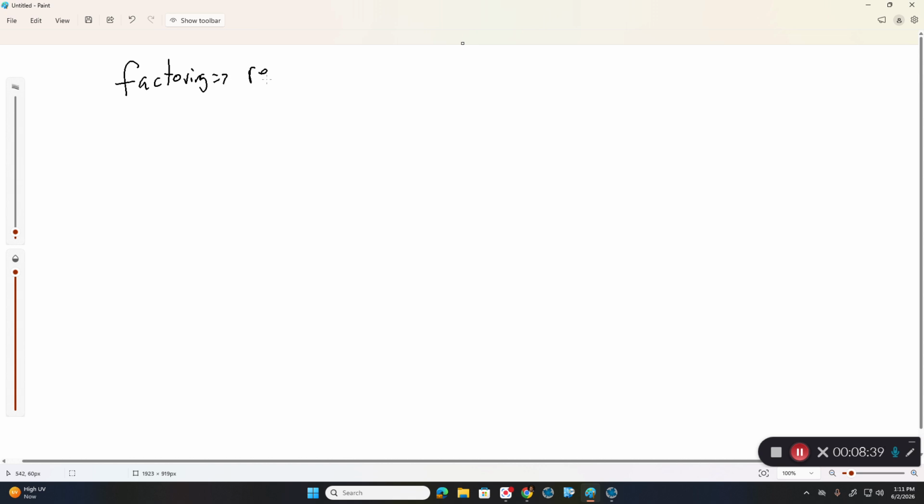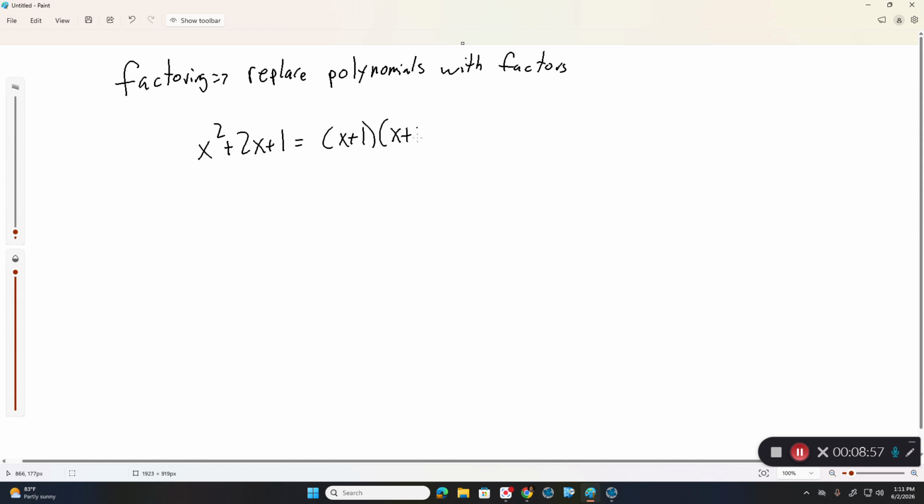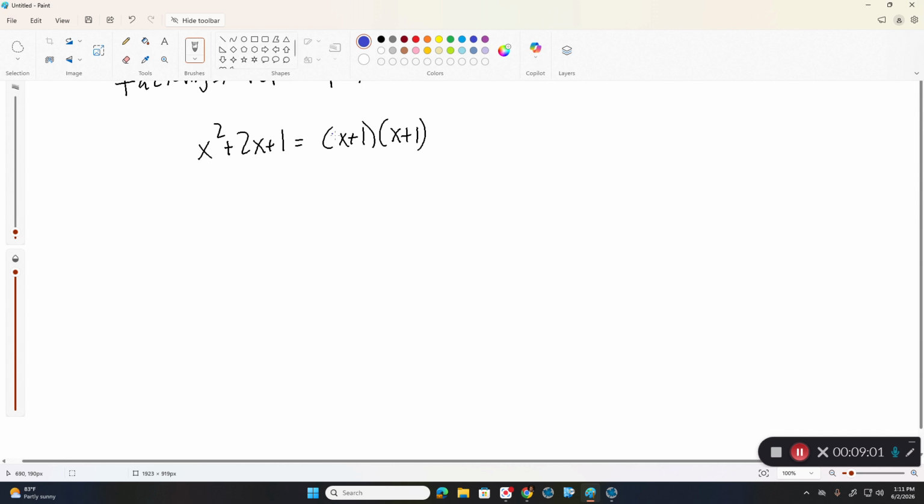We're going to replace polynomials with their factors. So, as an example, you can write something like x squared plus 2x plus 1. You actually write that as the multiplication of these two factors, x plus 1 times x plus 1.